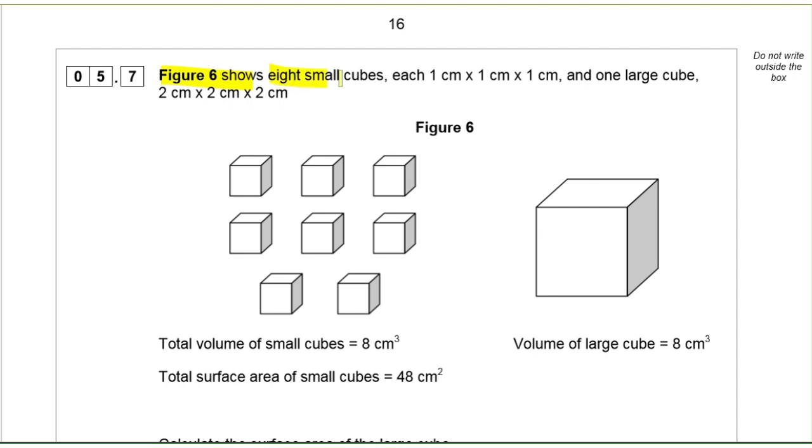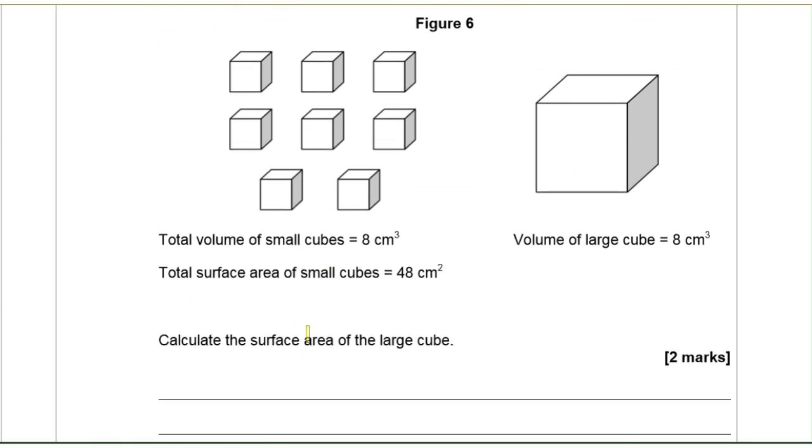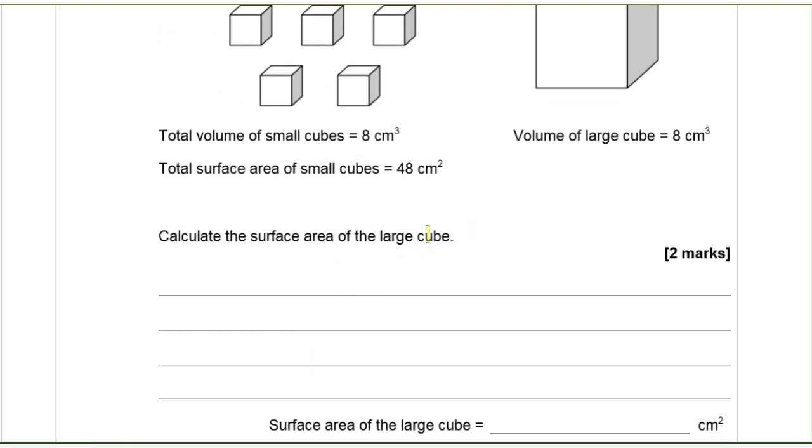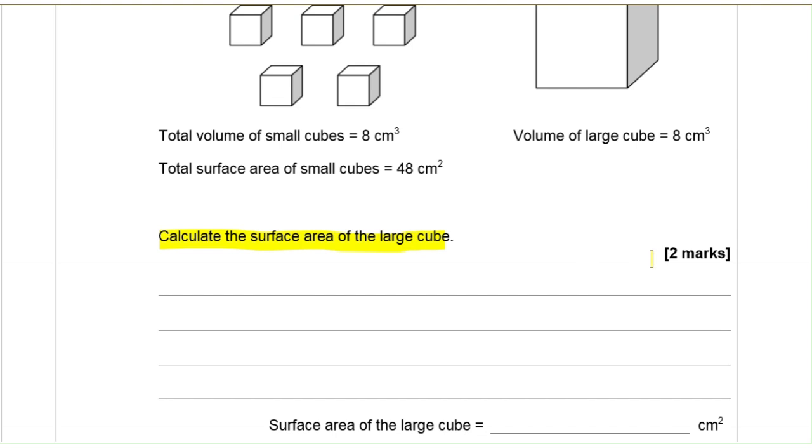Question 5.7. Figure 6 shows 8 small cubes, each 1 centimetre by 1 centimetre by 1 centimetre, and one large cube 2 centimetres by 2 centimetres by 2 centimetres. Calculate the surface area of the large cube for 2 marks. The surface area of the cube is going to be the surface area of one side multiplied by 6.